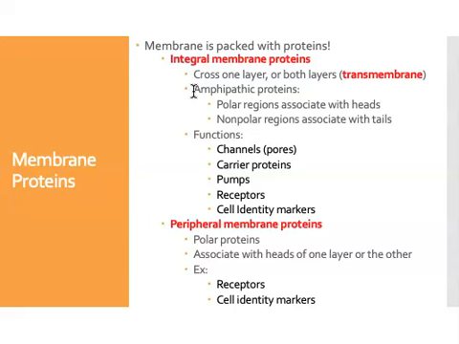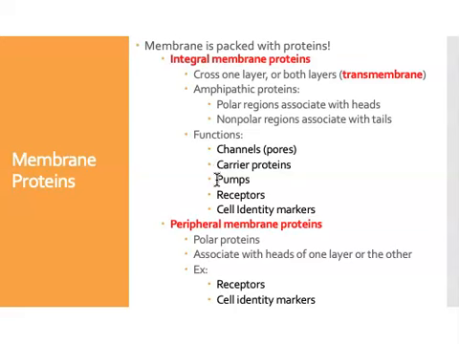Regardless of whether we're talking about an integral protein that crosses one layer or a transmembrane protein that crosses both layers, these integral membrane proteins have several different functions in the membranes of cells. Some of them function as channels, literal tunnels or pores through the membrane. Some of them function as carrier proteins. They're going to help some molecules get across the membrane.